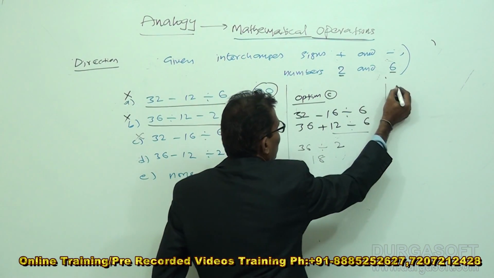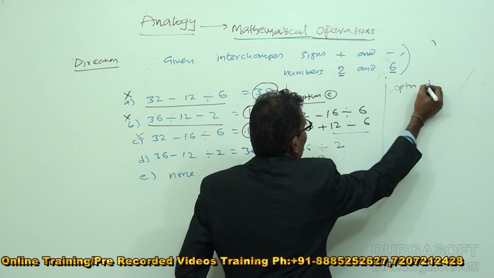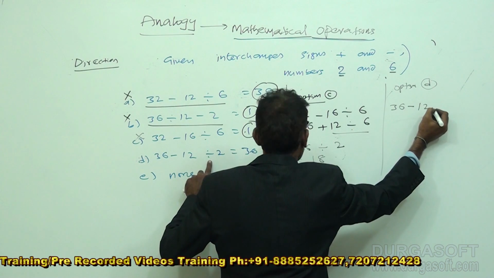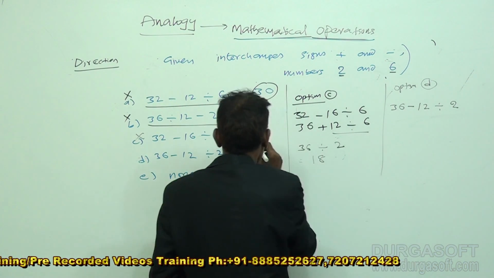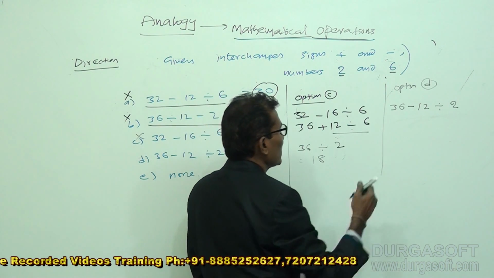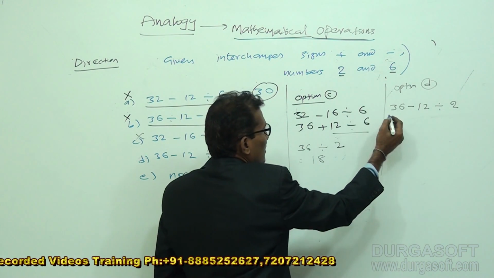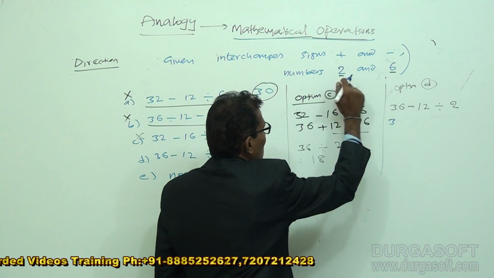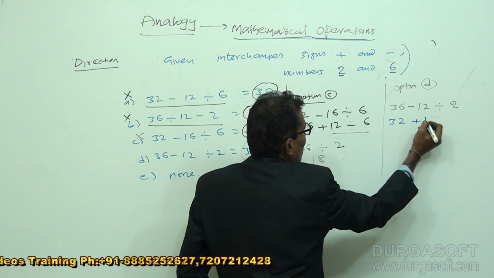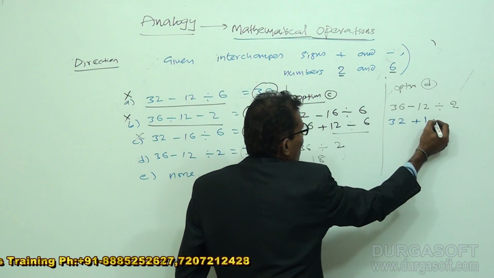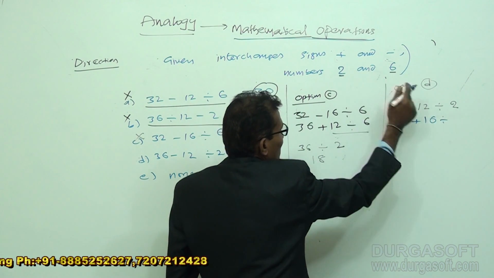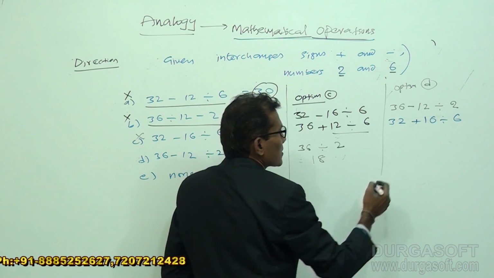Then taking option D. What is option D? 36 minus 12 divided by 2. The result must be 30. Let us see what happens in this case. In the 36 we are making the necessary changes. 3 is okay, 6 should be changed to 2, and minus must be changed to plus, and in 12 the 1 is okay, but 2 should be changed to 6, and the division there is no change, and 2 should be changed to 6.